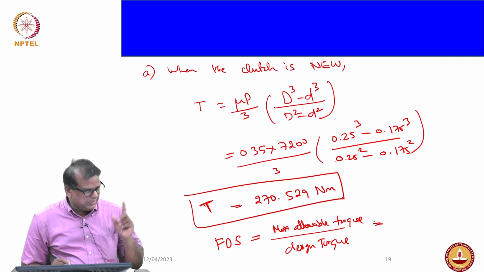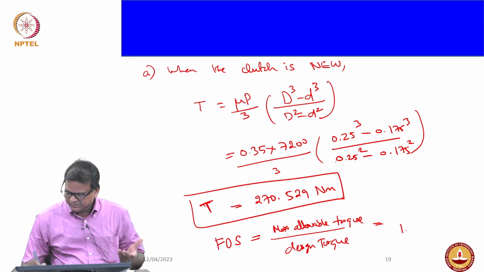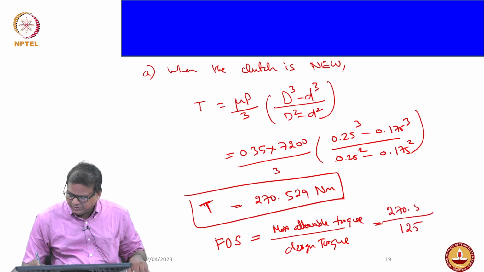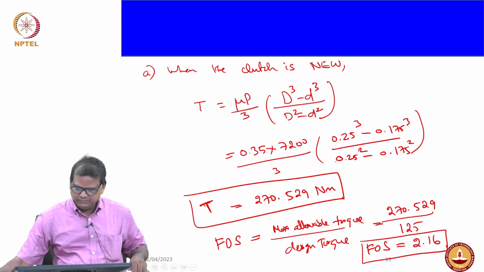So we have 125 Newton meter, that is your design torque, and the maximum is 270.529. So what is the factor of safety you are expecting now? 2.16. So that's the factor of safety when the clutch is brand new.